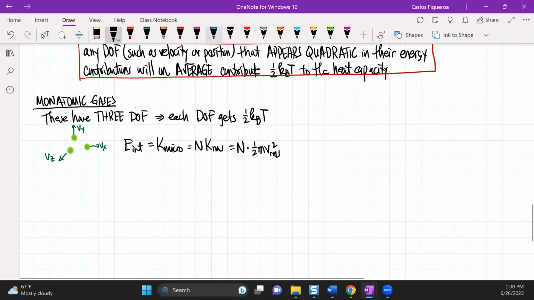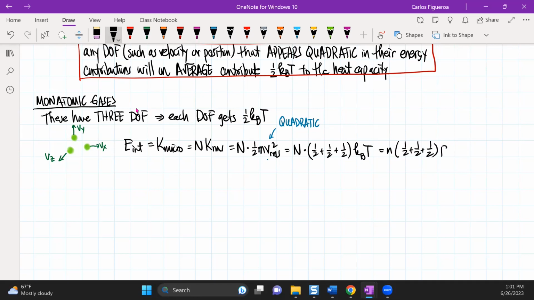But the key thing that you want to pay attention to is that look at this guy right here. This guy is quadratic in the internal energy and speed. So then that means that because we have 3 of these guys, then we have 1, 2, 3 kBT, or we can write n of 1/2 plus 1/2 plus 1/2 RT.